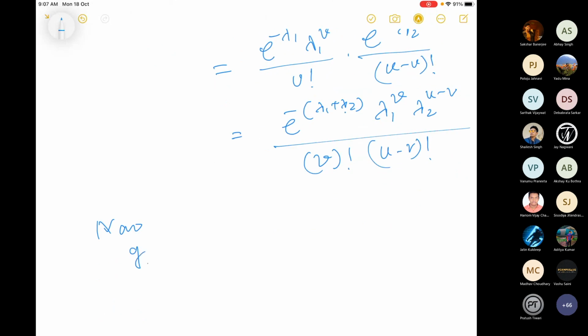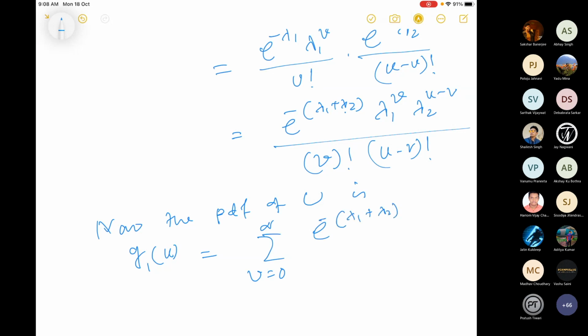So now let's say g1 of u is the marginal PDF of u. For this you have to take the sum, because it is a discrete random variable. So sum over v from 0 to infinity of e to the power minus (lambda 1 plus lambda 2), lambda 1 to the power v, lambda 2 to the power u minus v, divided by factorial v, u minus v factorial.